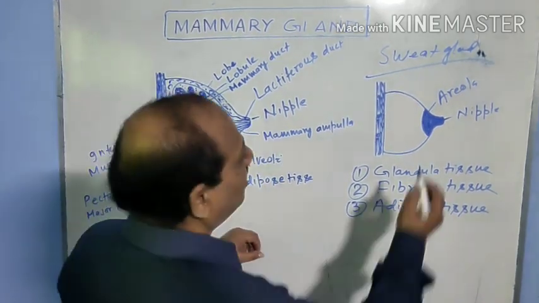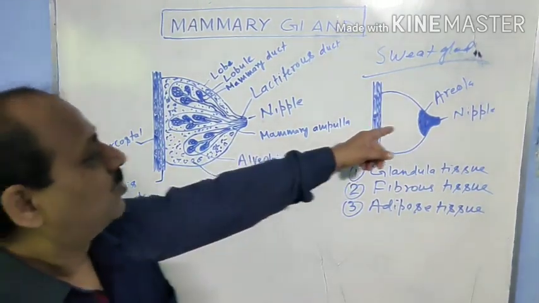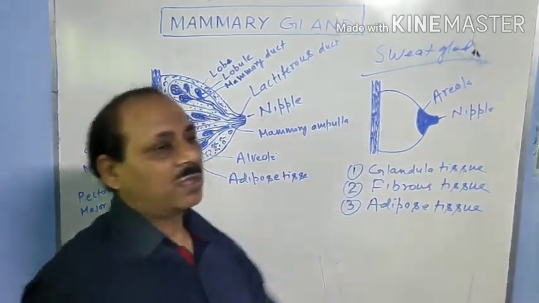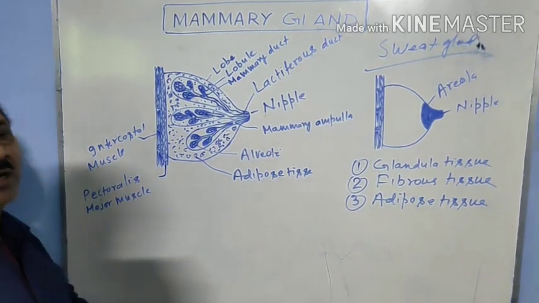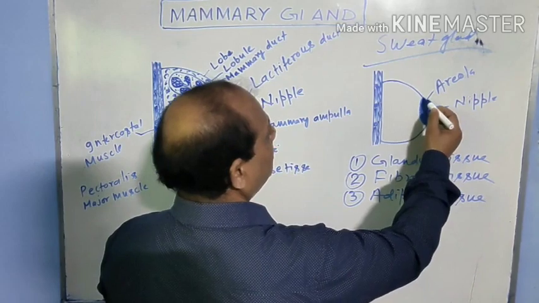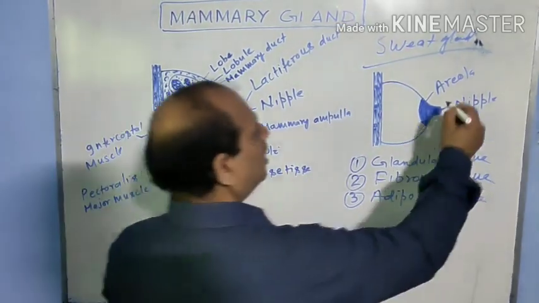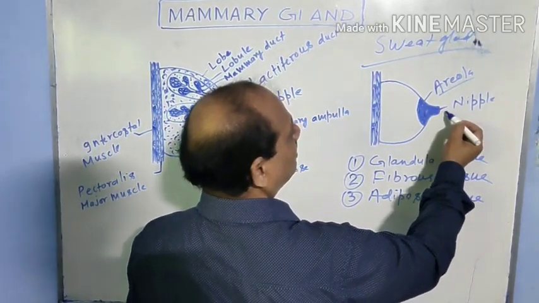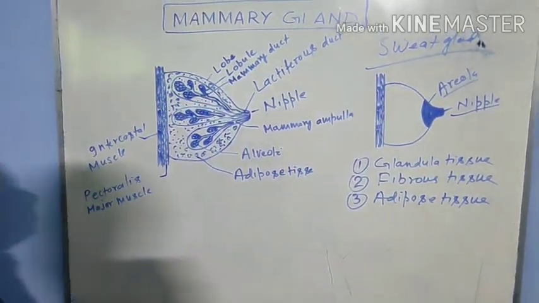It contains a dark region which is light brown or dark pink, known as areola. This dark portion of mammary gland is areola, and this projection is known as nipple.